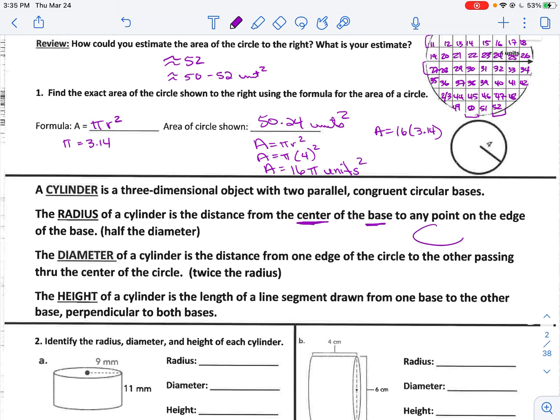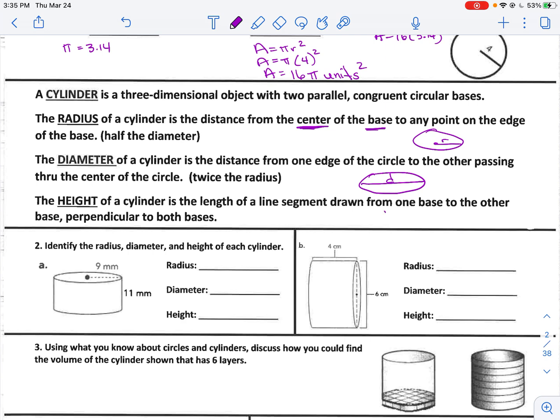Okay, so if I have a circle, from here to here is my radius. Okay, if I'm talking the diameter, that's all the way across. The height, if I have a cylinder, is this part right here.